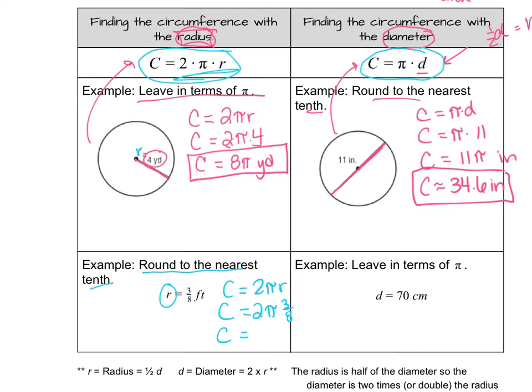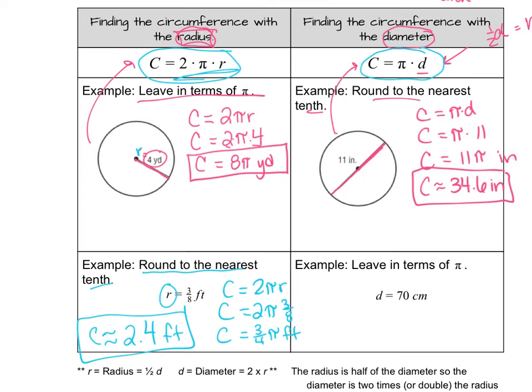But let's do 2 times 3/8 gives us 3/4, so our answer would be 3/4 pi if we were leaving in terms of pi, but we're not. So we're going to get 3/4 times pi, which is very small, 2.4 feet.